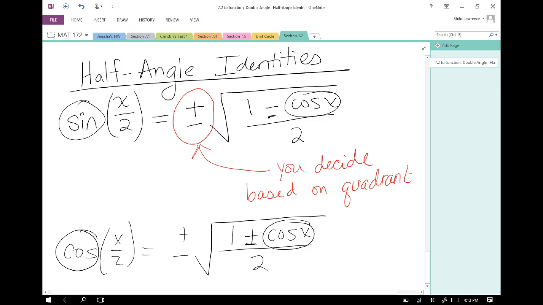So my half angle identity always has cosine. But if I've got to change it to cosine, I'm going to put minus. If I'm keeping it cosine, it's plus. That might not be helpful to you, but that's how I've been able to remember whether it's supposed to be minus or plus. If I've got to change it from sine to cosine, then it's going to be subtraction. If I get to keep it cosine to cosine, it's going to be plus. Everything else about this formula is exactly the same.